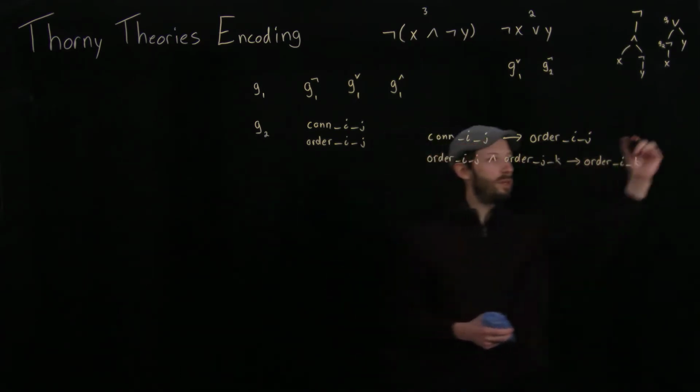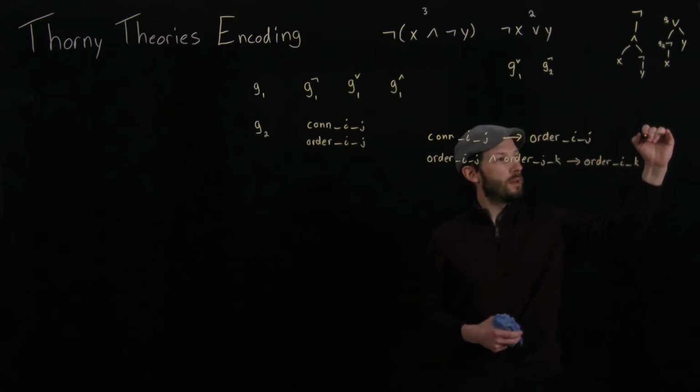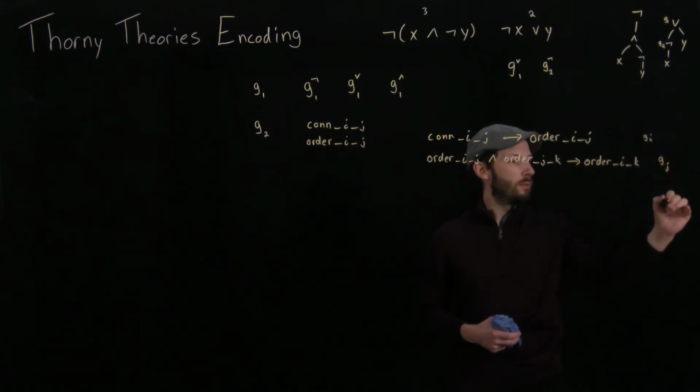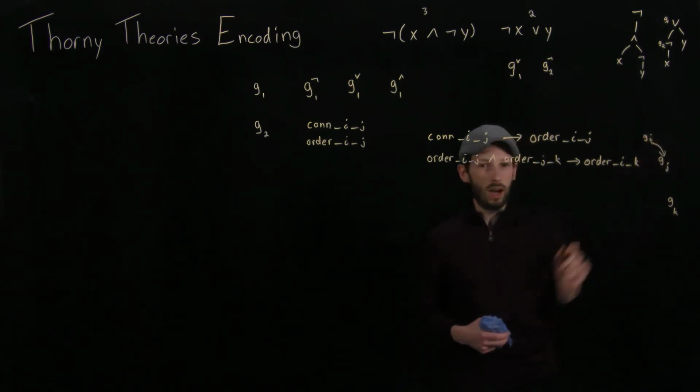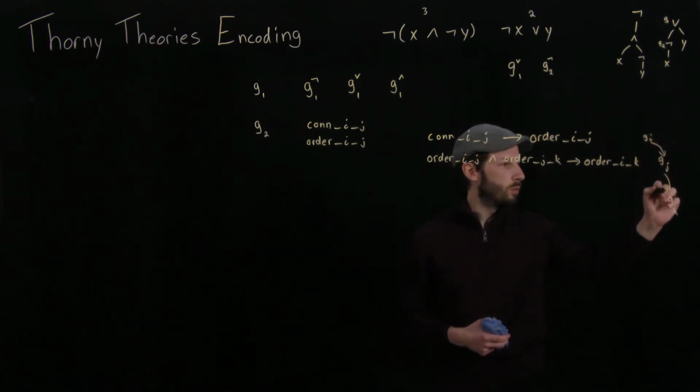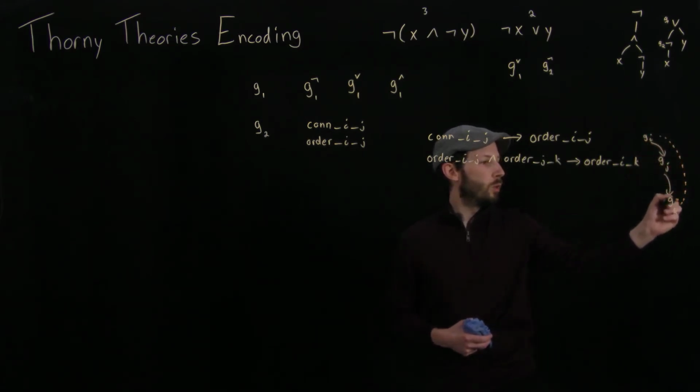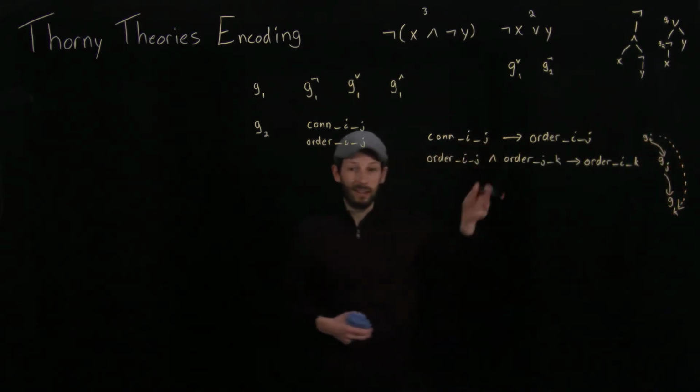Now, visually, what's happening here is we have some gate I, and we have some gate J, and we have some gate K, and we say that there's an order between I and J. We say that there's an order between J and K. This means that there has to be an order constraint between I and K as well.